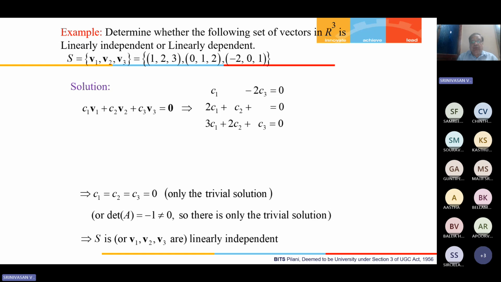Then if you add these two equations, minus 2C3 plus 2C3 will get cancelled. Here you will get C1 plus 6C1 plus 4C2 equals 0. Here you are having 2C1 plus C2.